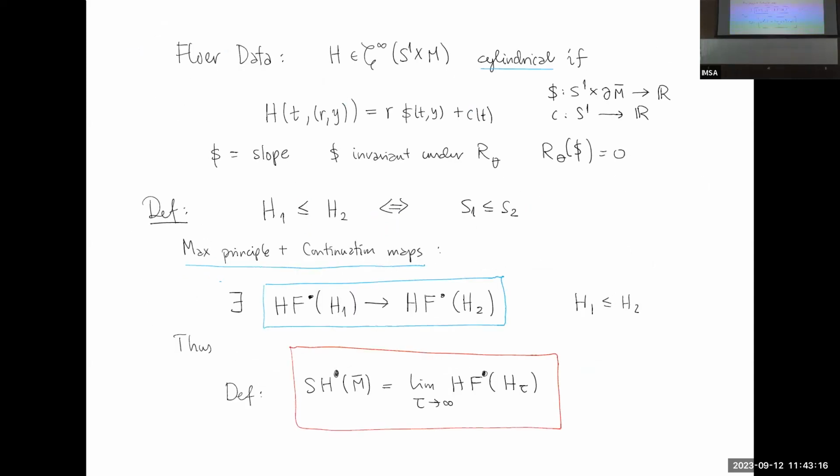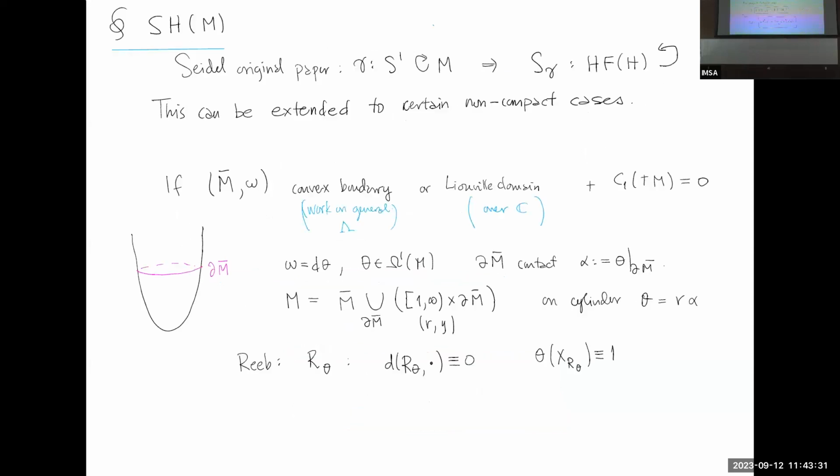But anyway, the type of Hamiltonian functions that we're going to work with are called cylindrical. That means that they have a slope at infinity, so you can always represent them in that particular end. Remember, I'm attaching some sort of cylindrical end to my manifold, and on that cylinder I'm using coordinates R and Y.